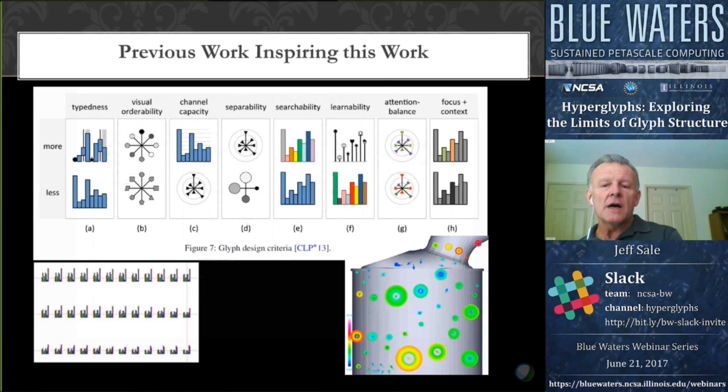And then they get into ways in which a visualization may be more or less one feature or another, such as whether a channel's capacity can be greater or less, an object's searchability, visual order of structures and those kinds of things. In the lower left-hand corner is an example of the principle of small multiples. And in the lower right-hand corner is a good example of a two-dimensional glyph that shows variation in structure of a particular mechanism.